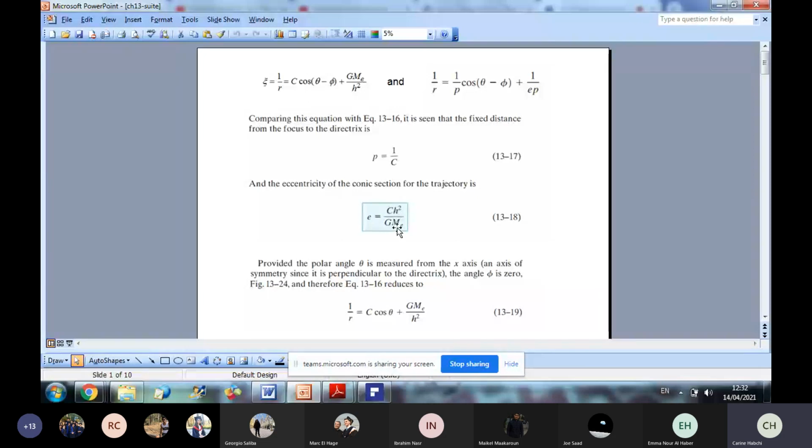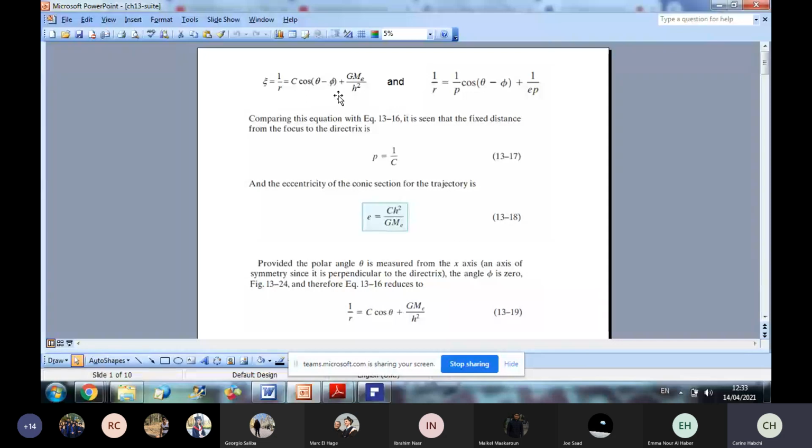Now, concerning the angle phi, in general, when possible, if we know that v0, the initial velocity, is perpendicular to the distance from the focus to P, then phi will be 0 because we will be on the axis of symmetry of the conic.